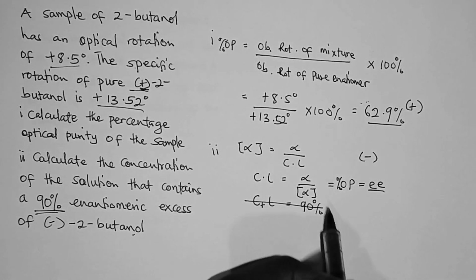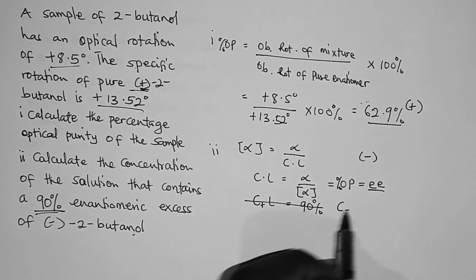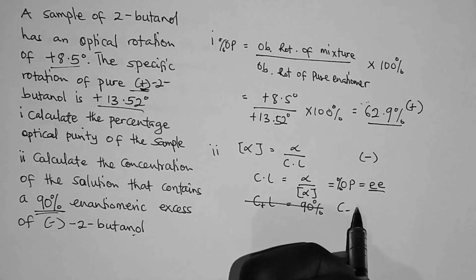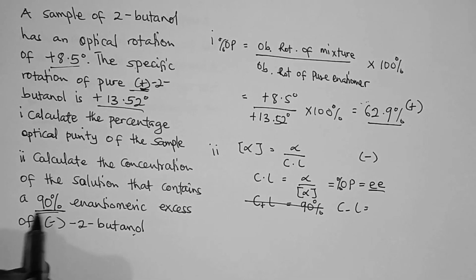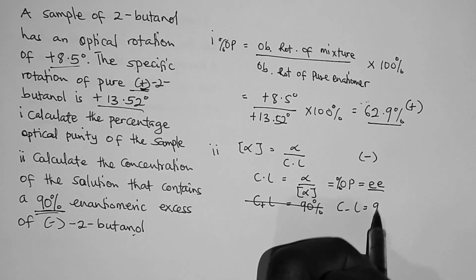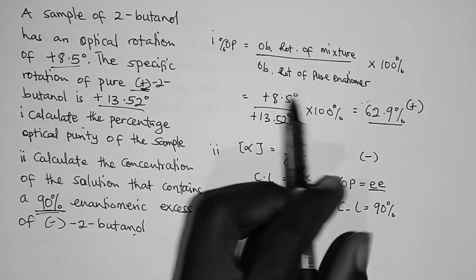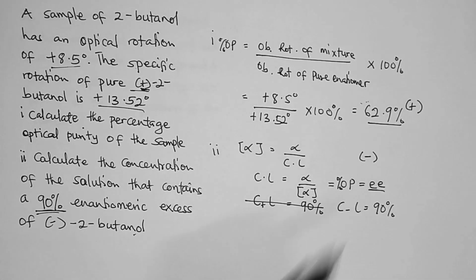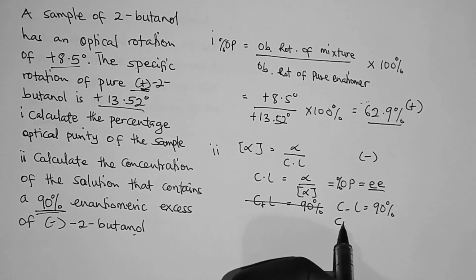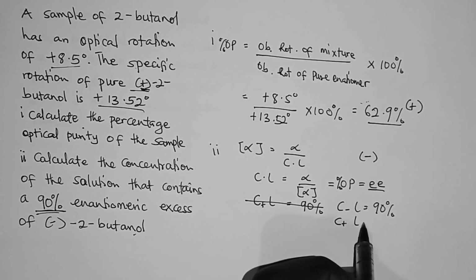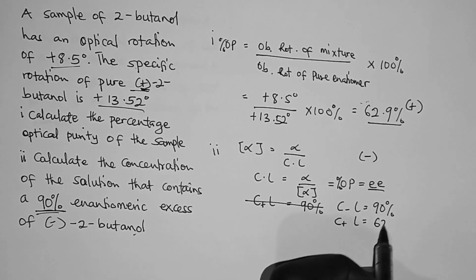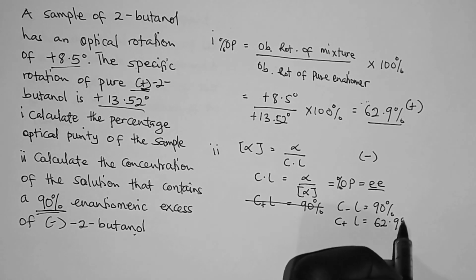So this implies that the concentration of the minus enantiomer times the path length is equal to 90% enantiomeric excess. So here's 90%. Then in the first instance, we did for the plus enantiomer. So the concentration of the plus enantiomer times the path length is equal to 62.9%.